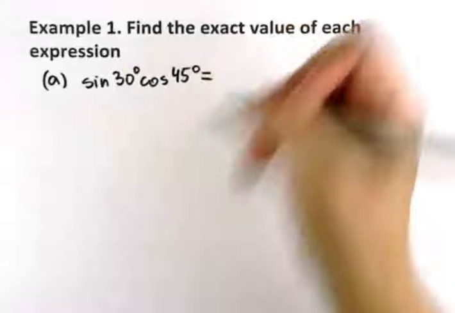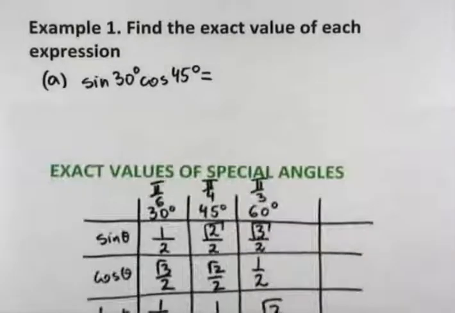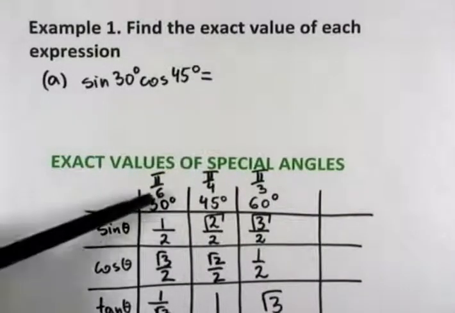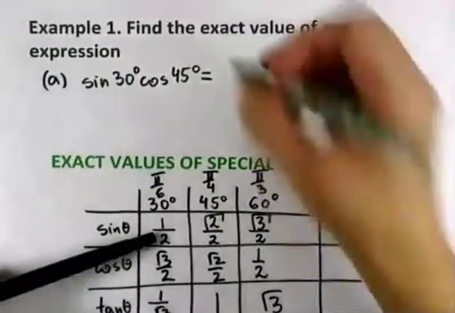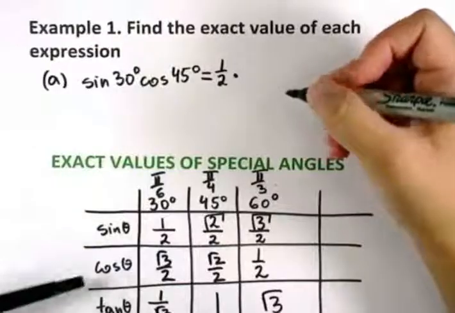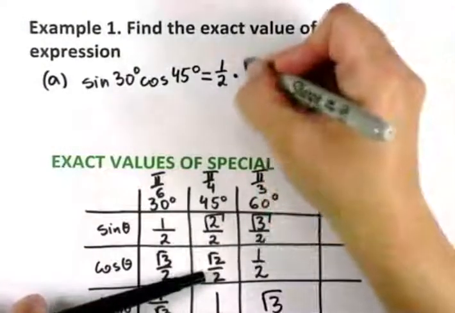It's very good for exercises to draw your little chart, then you will always remember. So we're going to use the values from the chart. Sine 30 degrees is 1/2 times cos 45, which is root 2 over 2.